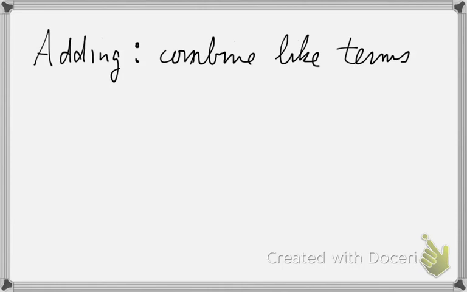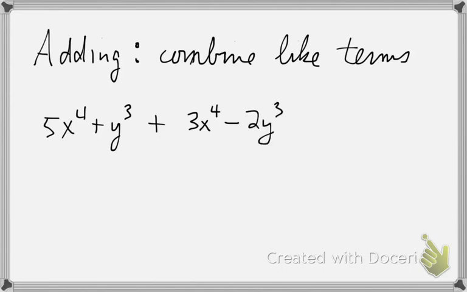So, for example, if I take these two binomials, 5x to the fourth plus y cubed and 3x to the fourth minus 2y cubed, and I add these two binomials together, what do I do?